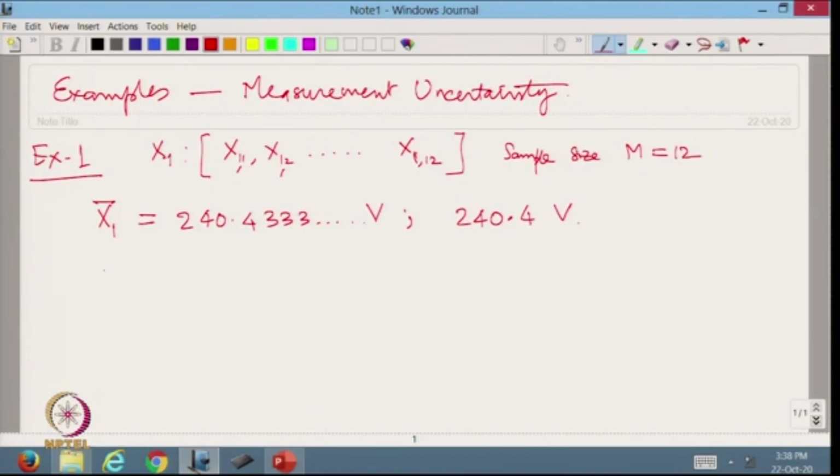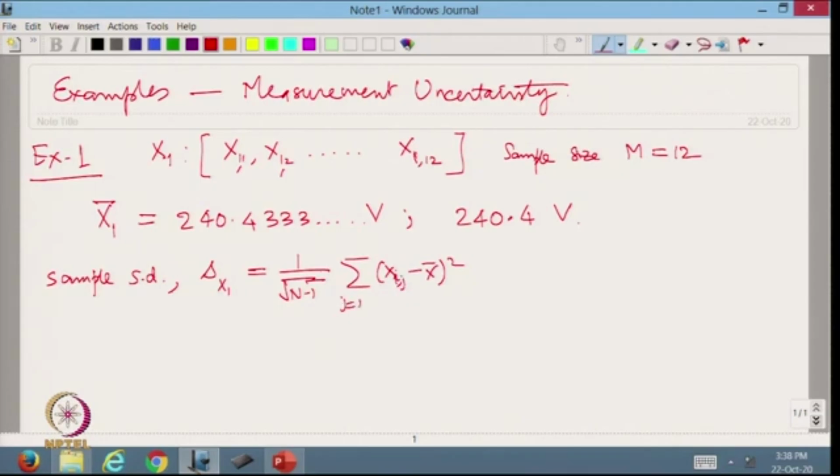For doing that, we then calculate the sample standard deviation Sx1, and this is the square root of 1 upon n minus 1 summation of xi minus x bar squared, x1j.